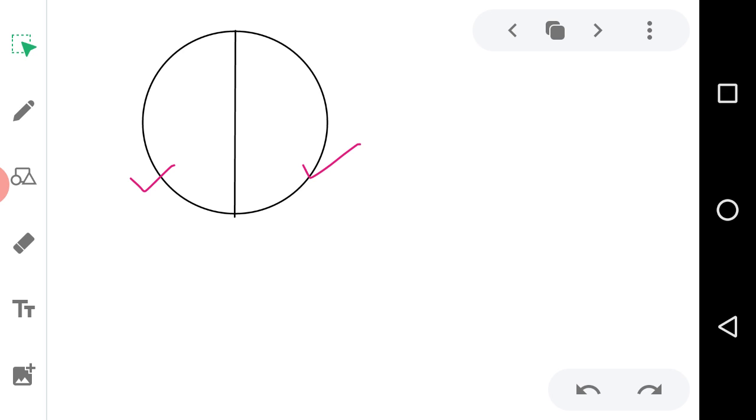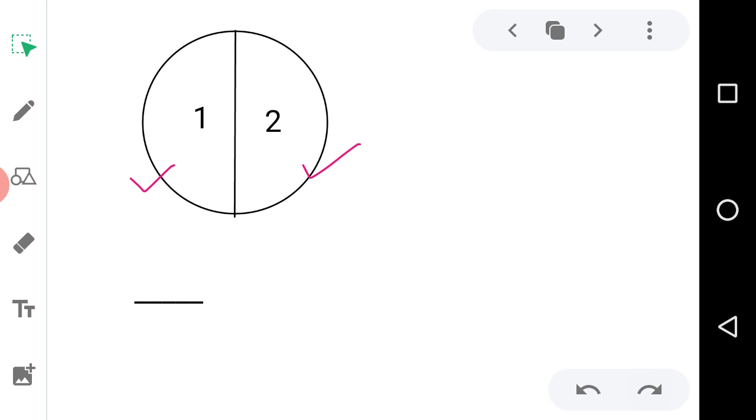When we have to show a piece or part of a whole number or object, for that we need a fraction. So, I want to show this part of the circle. First, we draw a line. Below the line, I write the total parts of the circle. How many total parts? 2.